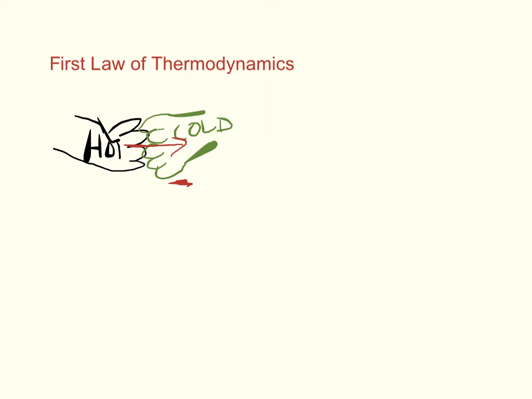So what's interesting here is the perspective that we take is going to change the sign of the heat flow. So for example, if we talk about the perspective from the person who had the hot hand, they started with a certain amount of heat and they lost heat. So the change in the amount of heat was negative. However, from the perspective of the person with the cold hand, they gained heat.